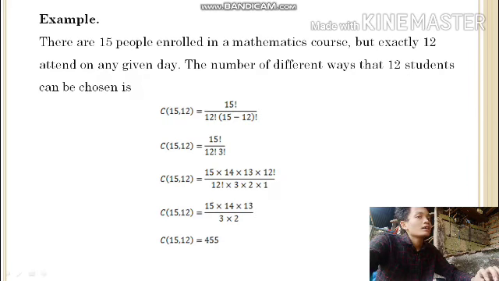Next, example. There are 15 people enrolled in a mathematics course, but exactly 12 attend on any given day.